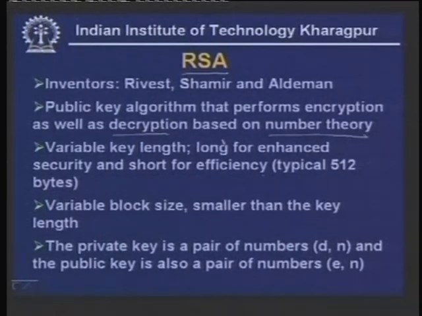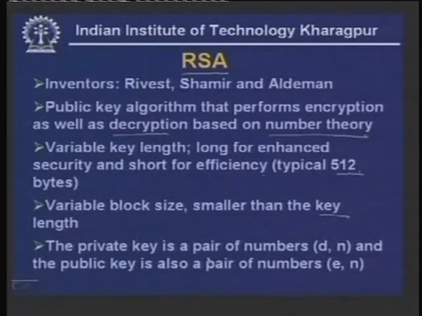That means the size of the key is not fixed; it can be long or short depending on the security level you want or the size of the message. Typically the size of the key is 512 bytes and a variable block size can be used. However, it has to be smaller than the key length.